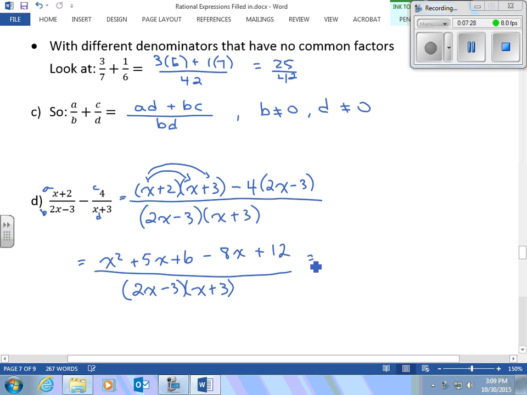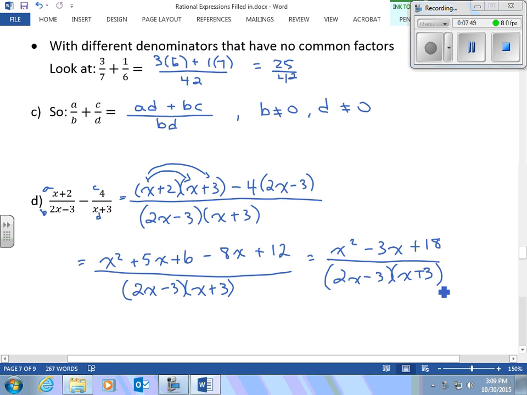So I could clean up the numerator a little further. I've got an x squared term plus 5x minus 8x, so that'll be minus 3x, plus 6 plus 12 is plus 18, all over 2x minus 3 times x plus 3.